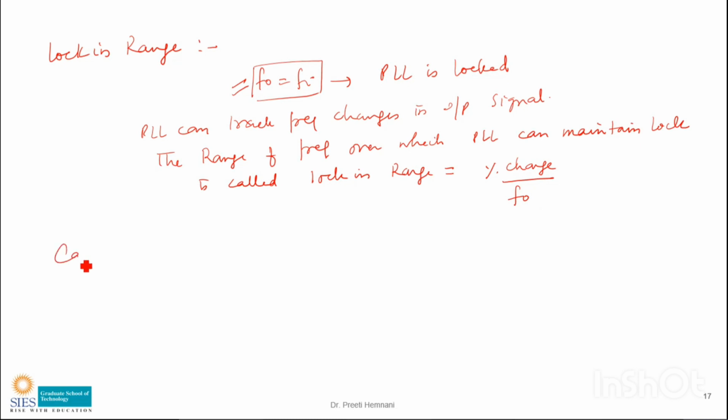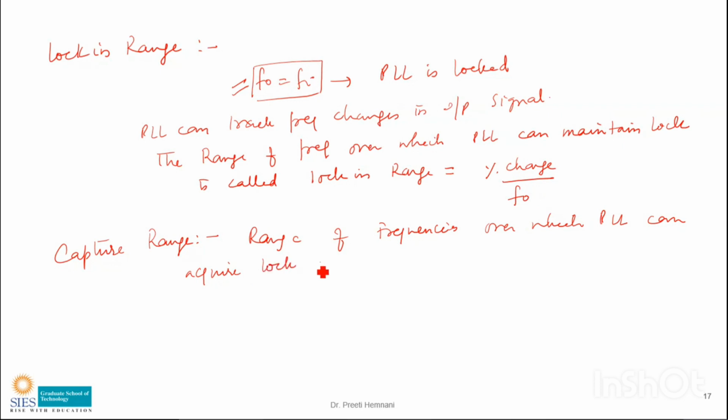Similarly, we have the capture range. There is a capture state, and in the same way a capture range. The range of frequencies over which the PLL can lock with an input signal is called the capture range. It is always a range: the frequency range over which the PLL can acquire lock with an input signal.